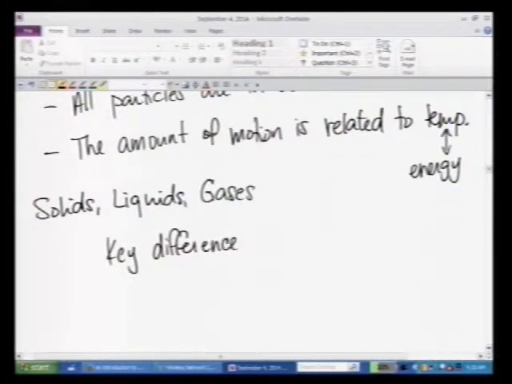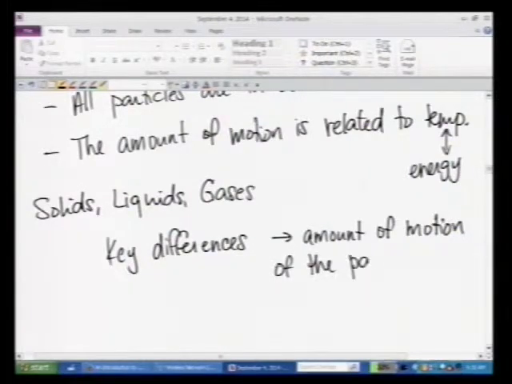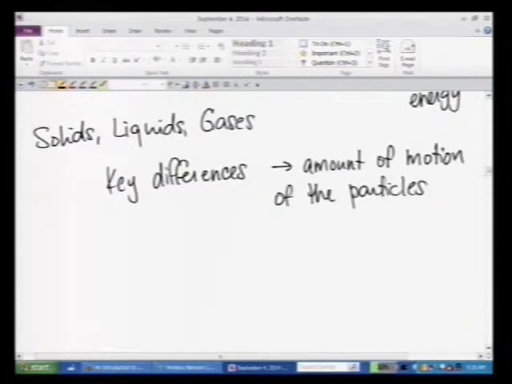So the key differences are the amount of motion of the particles, and the attractive forces between the particles.